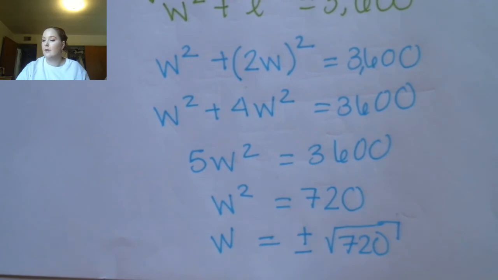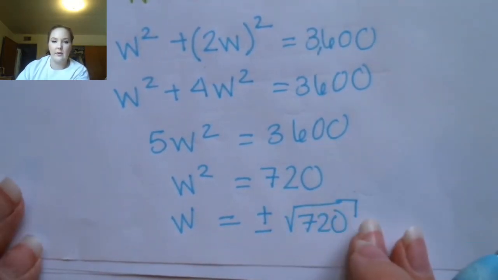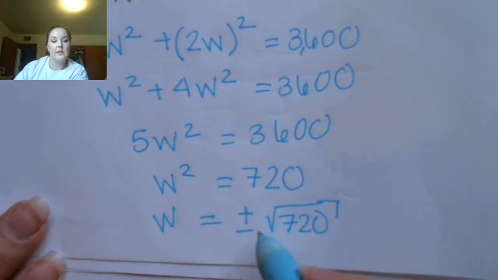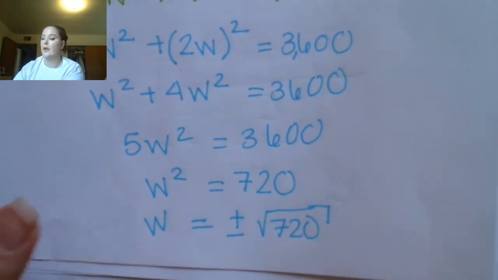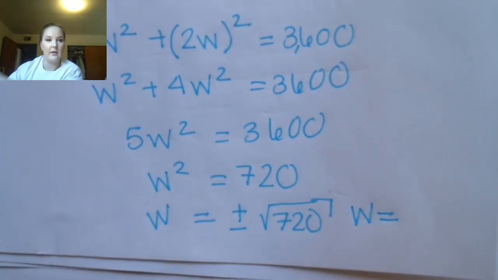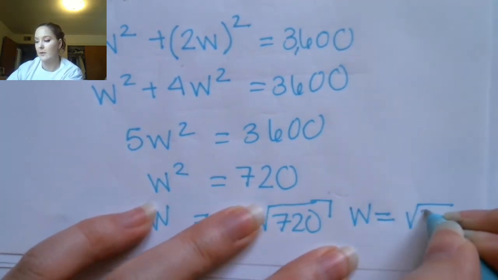The only thing that's super important is that I need to pick which one of these makes more sense. Because this is a width of something, it makes more sense to pick the positive one.